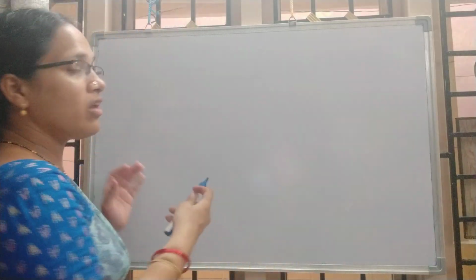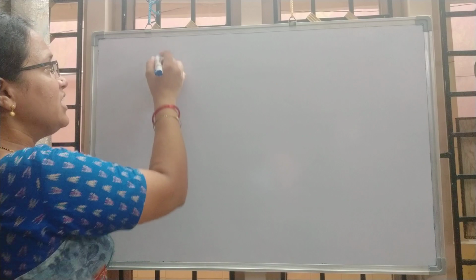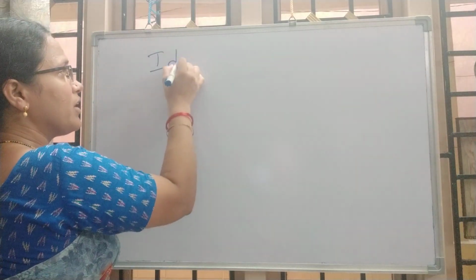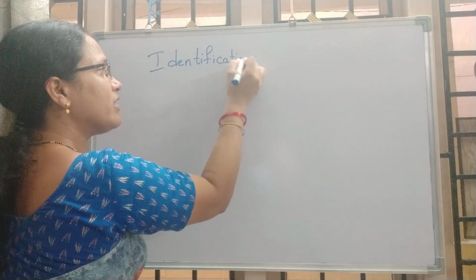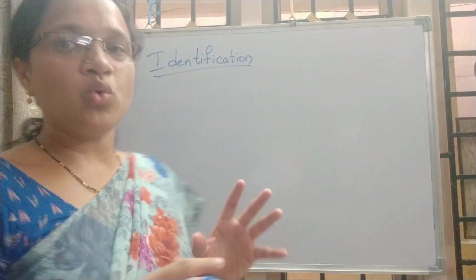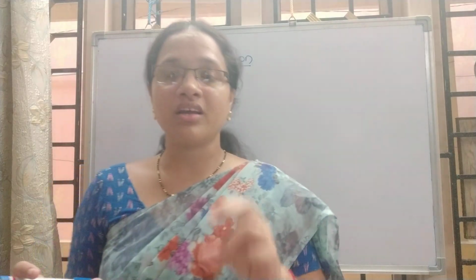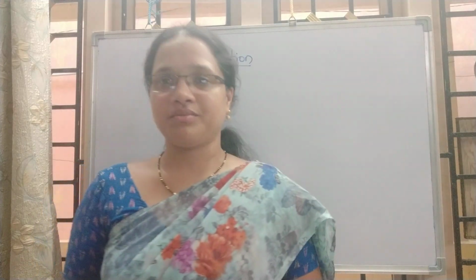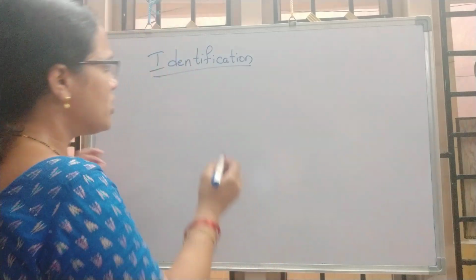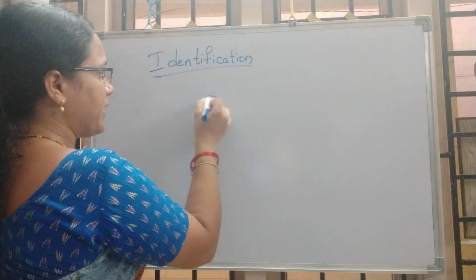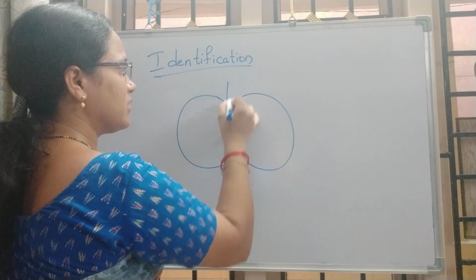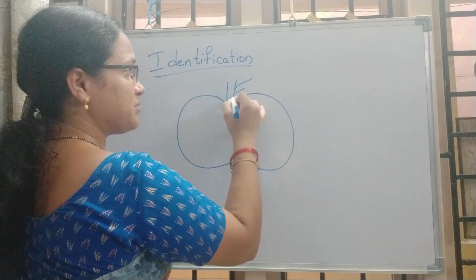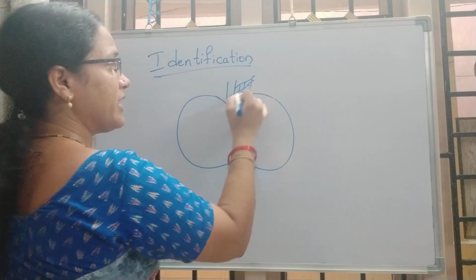So now look here, all of you, we are going to learn identification in today's video. What do you mean by identification? Identification means you have to recognize, you should be able to catch it. That means you should be able to recognize it as soon as you see it. Yes or no? So suppose there is an apple which has letters in it.